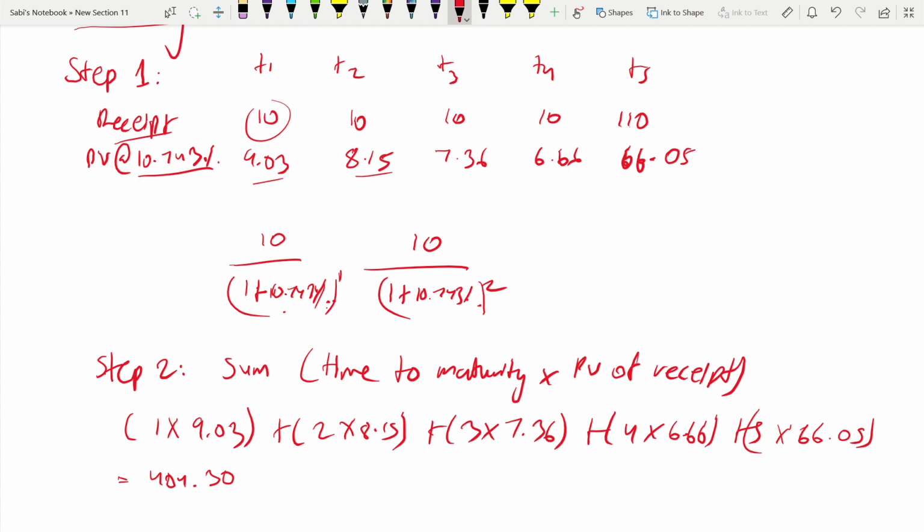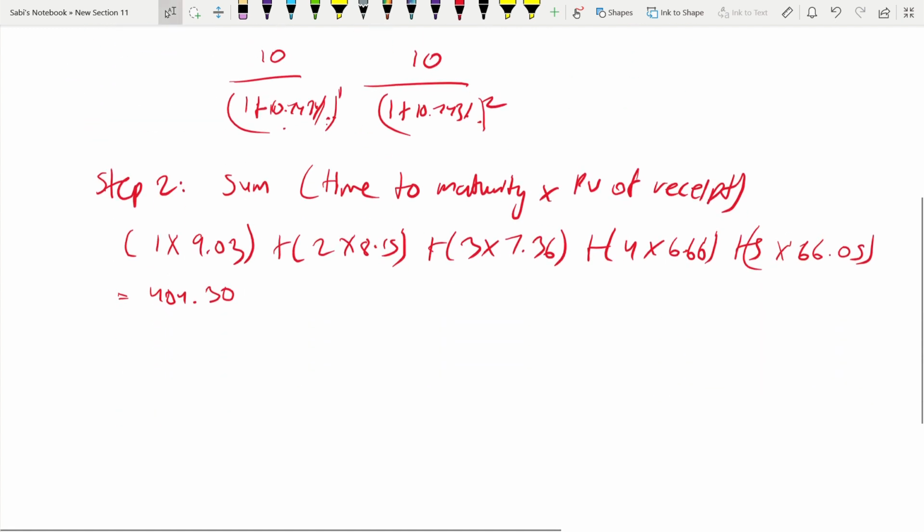Then we have step 3. What is step 3? Divide the total that you have just got by the total present value of the receipt, that means the bond price.